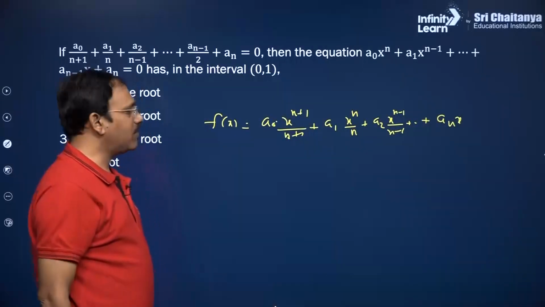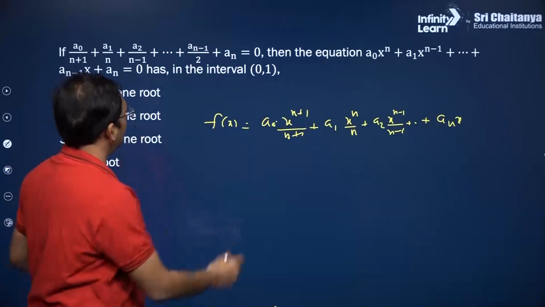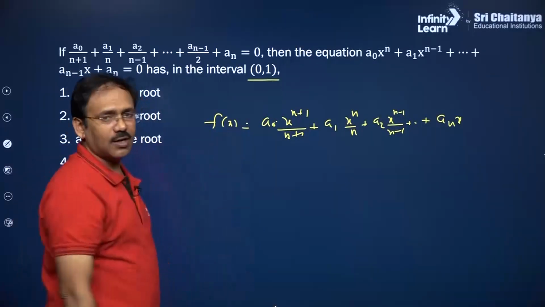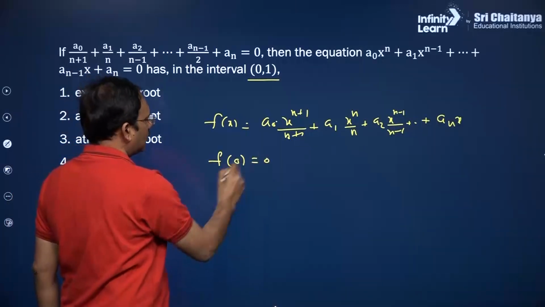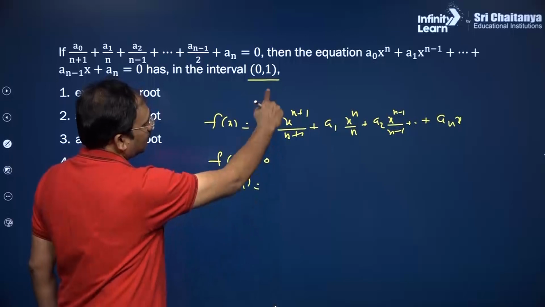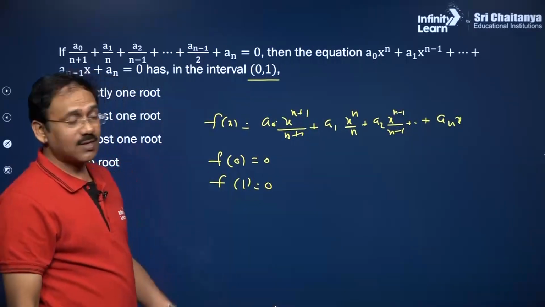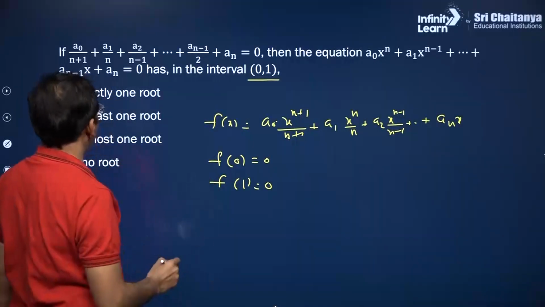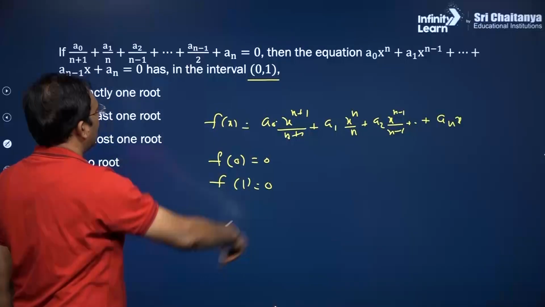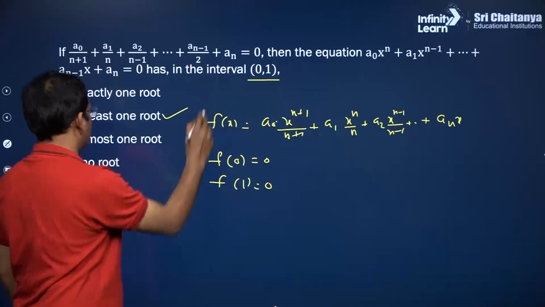Clearly it is a polynomial, so continuous and differentiable on any interval, continuous on closed 0 to 1 and differentiable on open 0 to 1. Moreover, f of 0 is clearly 0, and f of 1 is nothing but this expression, which is also 0. By Rolle's theorem, there exists at least one c belongs to 0 to 1 such that the derivative is 0. So its derivative has at least one root in the interval 0 to 1.